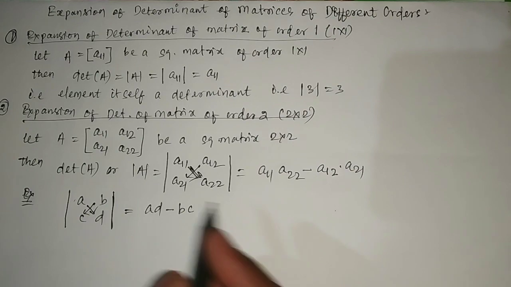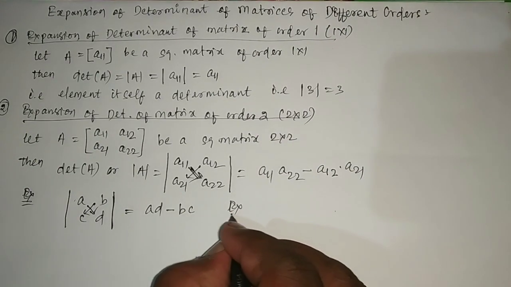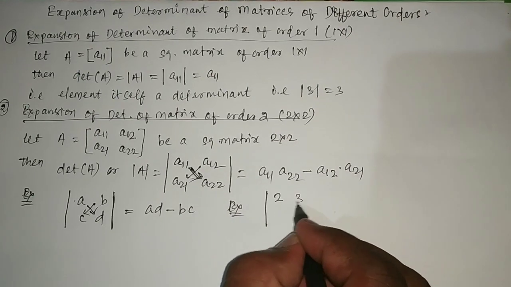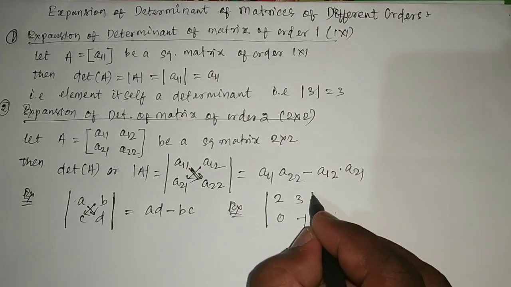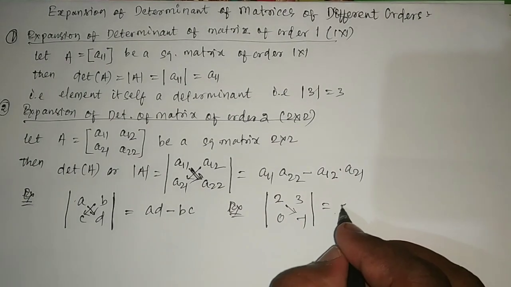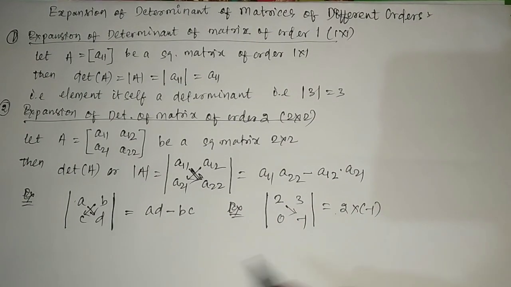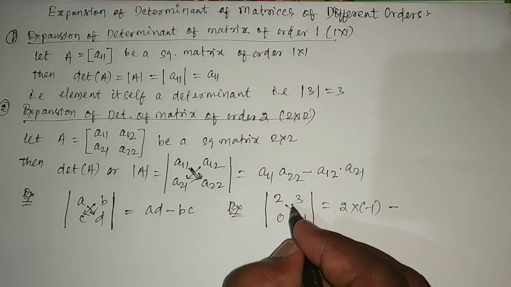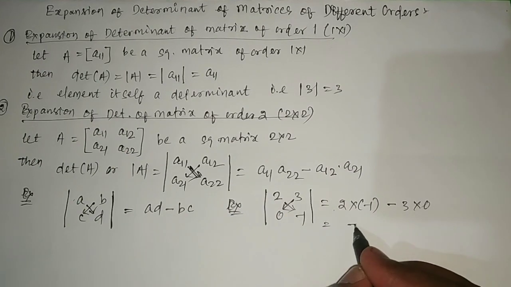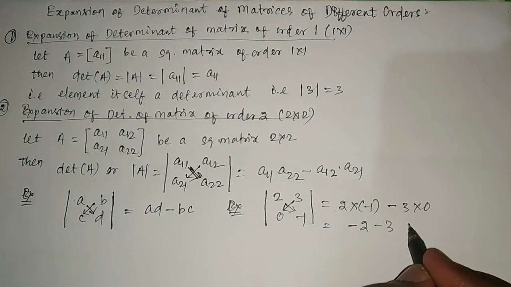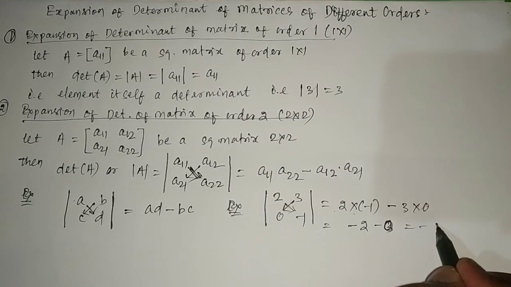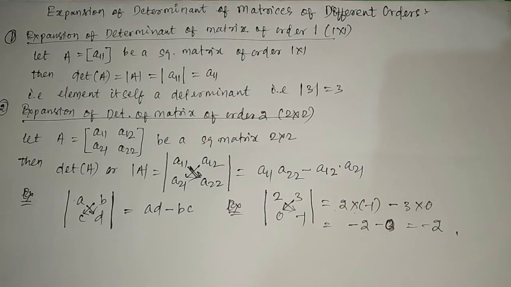Let's take another example. |2 3; 0 -1| can be evaluated by the same cross multiplication. 2 times minus 1, then minus 3 times 0, which is equal to minus 2 minus 0, which is equal to minus 2.